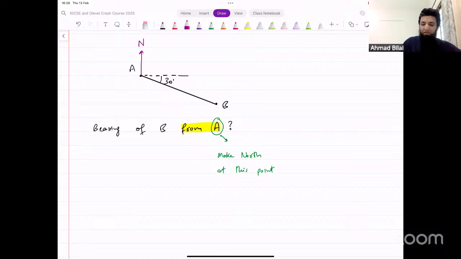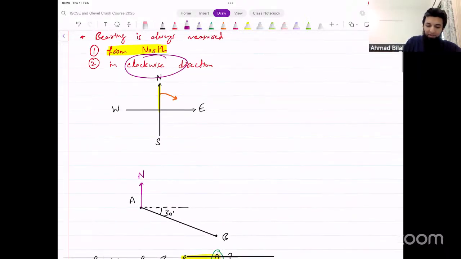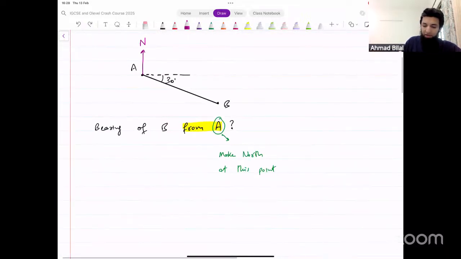This is where you will be measuring angle in this example, because you have to measure angle from A. And then we have to go in the clockwise direction, towards the right side from this north. What's the bearing of B? Of B, we have to measure where this point is. What's the angle of this point from this north at the point A?